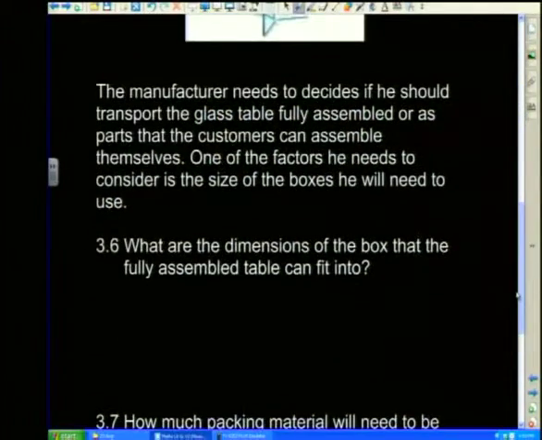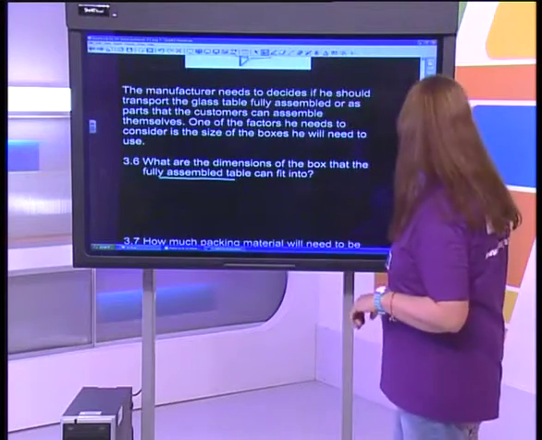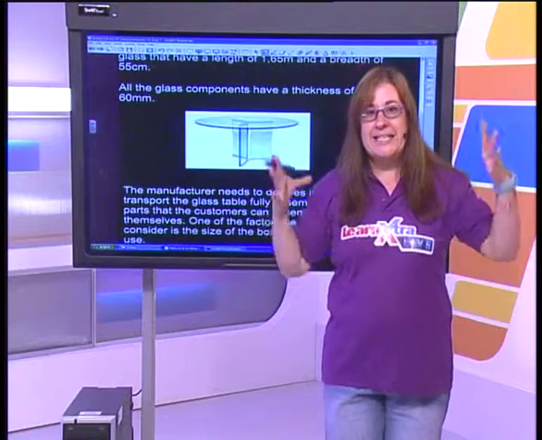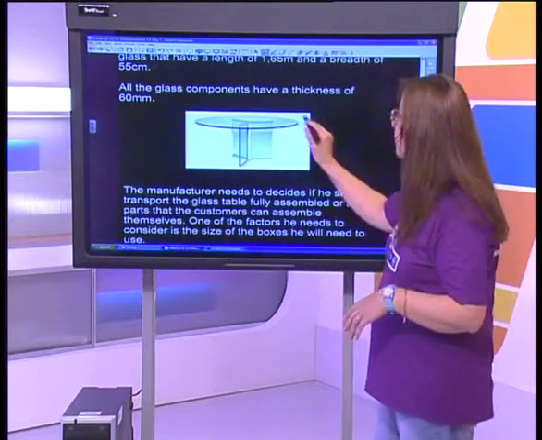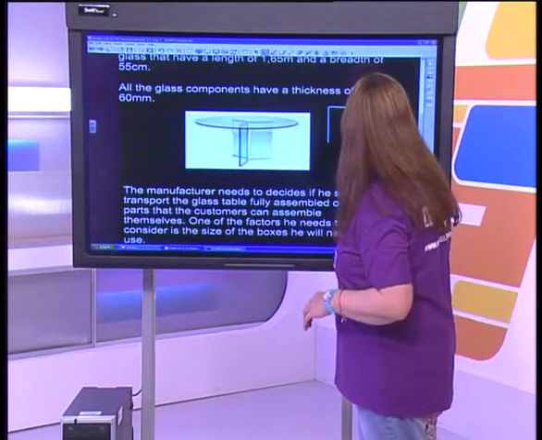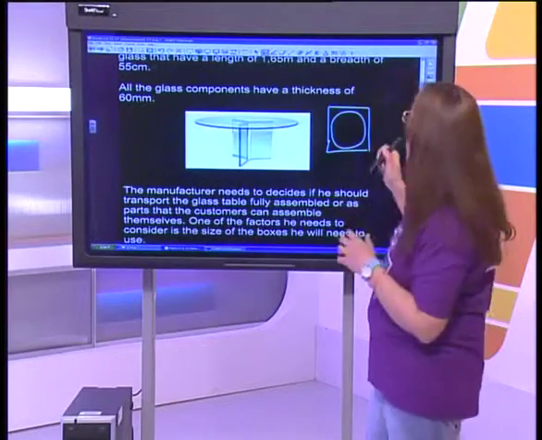Now, the next part is, what are the dimensions of the box that a fully assembled table can fit into? So now we need to look at putting this whole thing into a box, fully assembled. The length and the breadth of the box are going to be the top of your table. My circular part is going to give me 2 dimensions of the box.